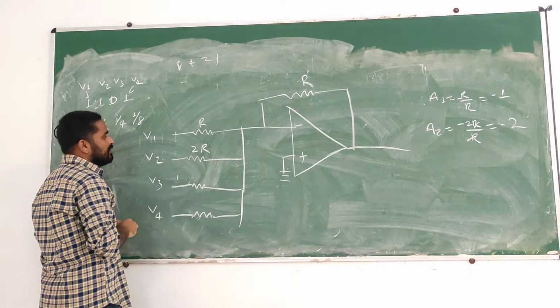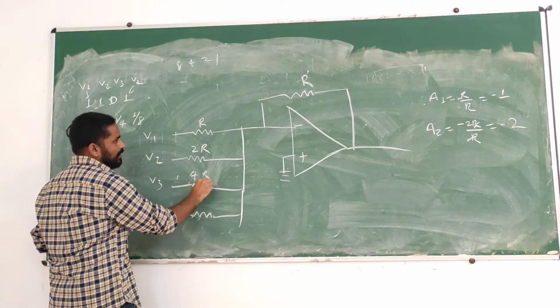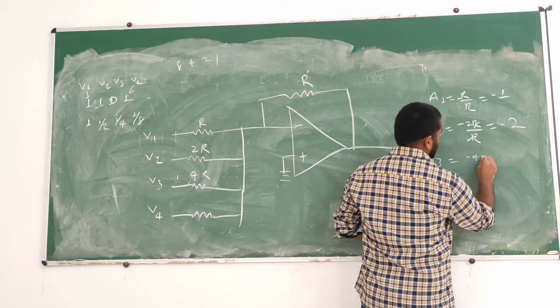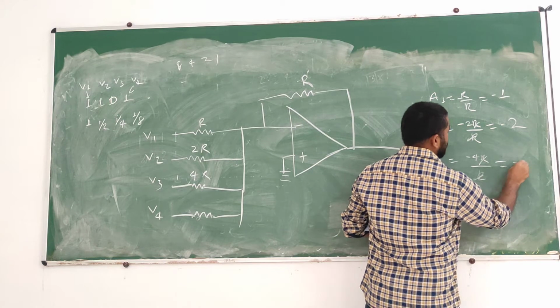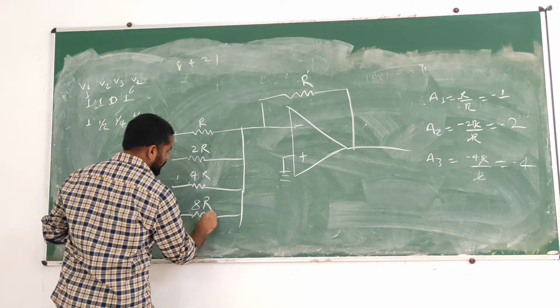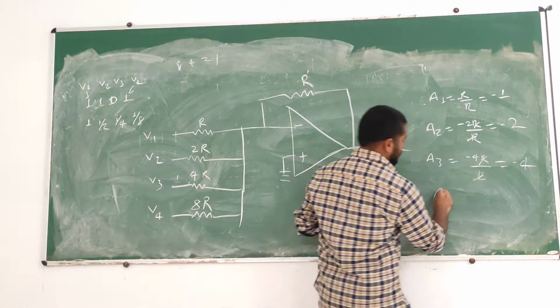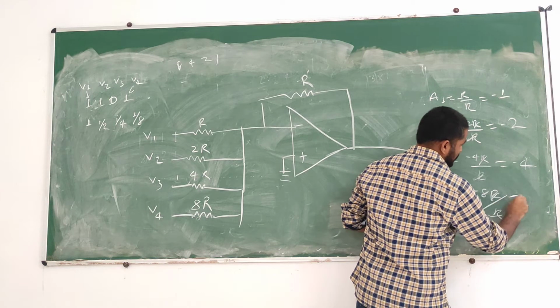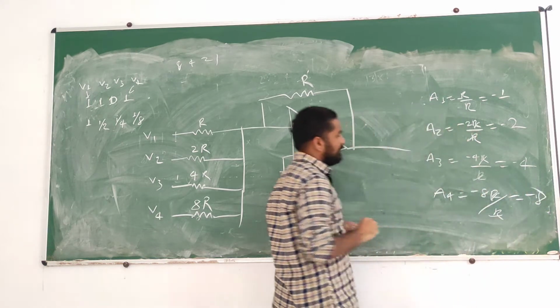Now for A3, if you make it 4R, the A3 gain will be minus 4R by R, which is nothing but minus 4. Now for A4, just make the resistance 8R. If you calculate the gain, this is nothing but minus 8.